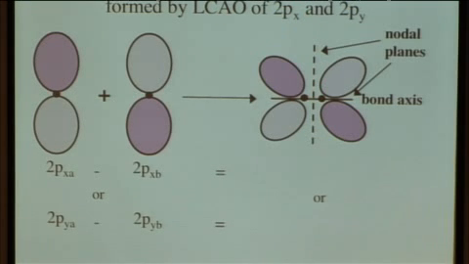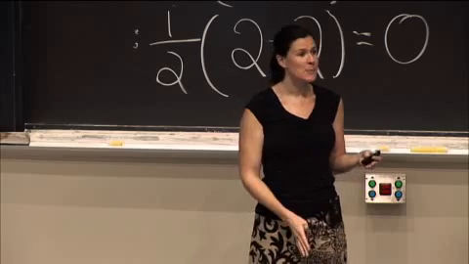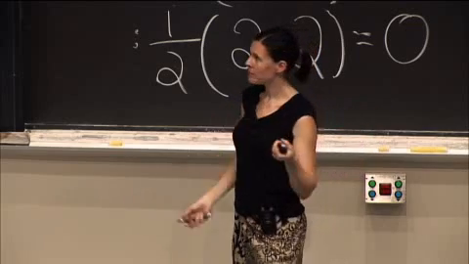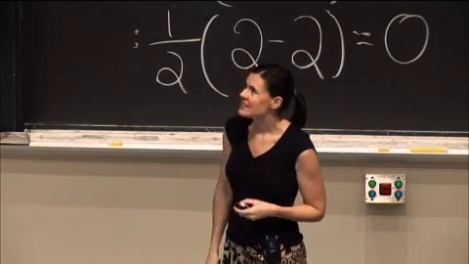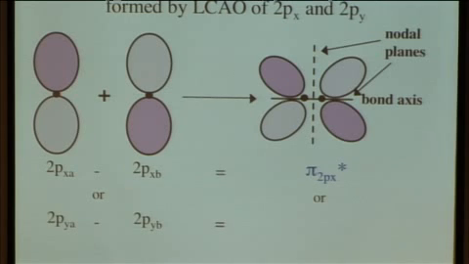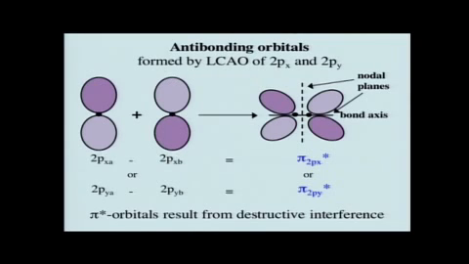So again, this is an anti-bonding orbital, and what you see is that there is now less electron density between the two nuclei than there was when you had non-bonding. So we're going to call this the pi 2px star, and if we're talking about the 2py orbitals, the pi 2py star. And the pi star orbitals result from any time you have destructive interference from two p orbitals that are either the px or the py.